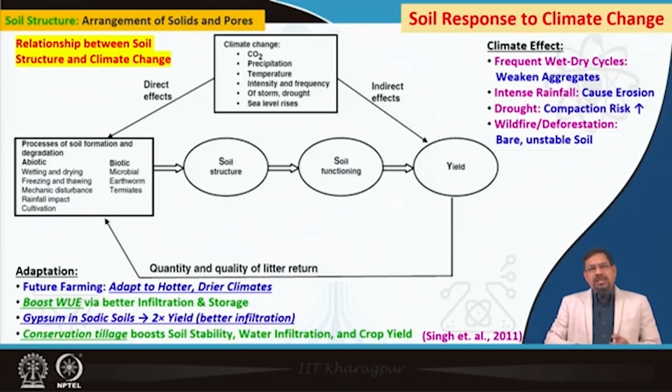So, this yield again will affect the quantity and quality of litter return. Litter return means we will have the biotic supplement going back to the soil. So, that will again affect the soil organic carbon and many more things, including the microbial reserve or microbial behavior of the soil. So, this is a kind of loop.